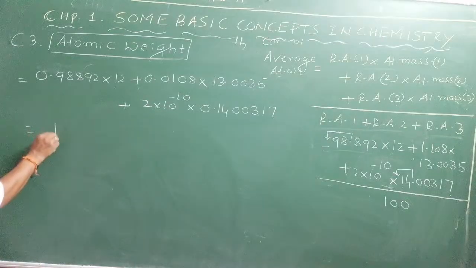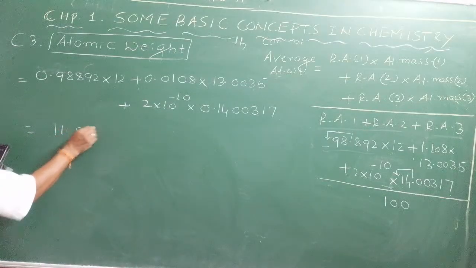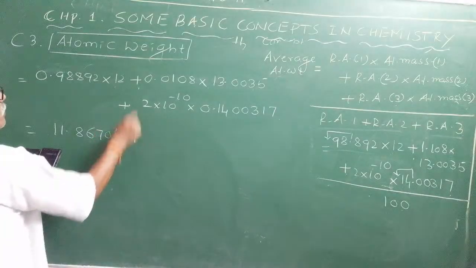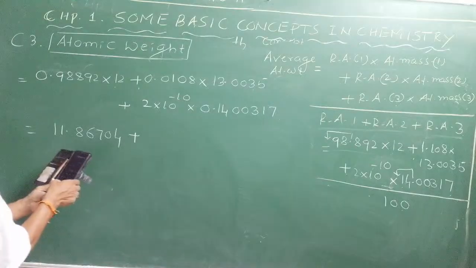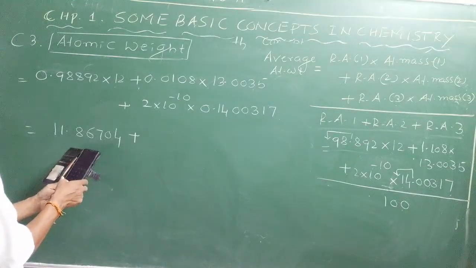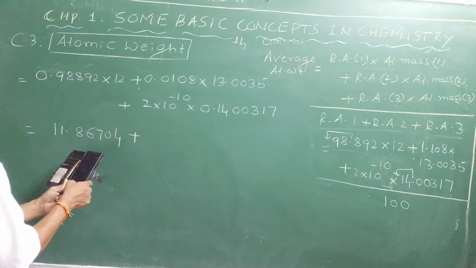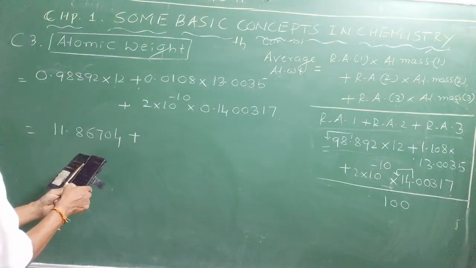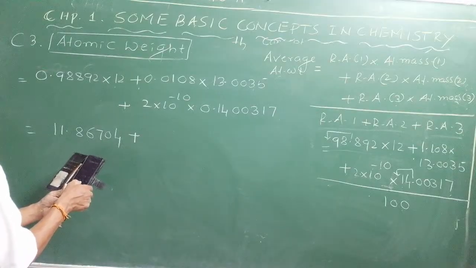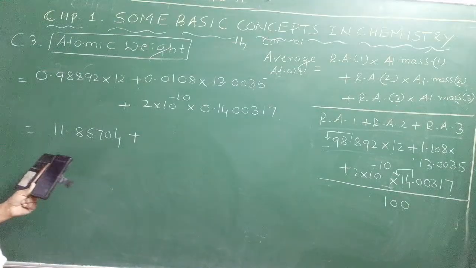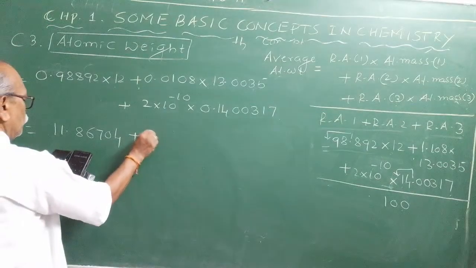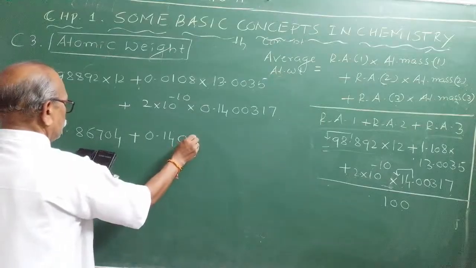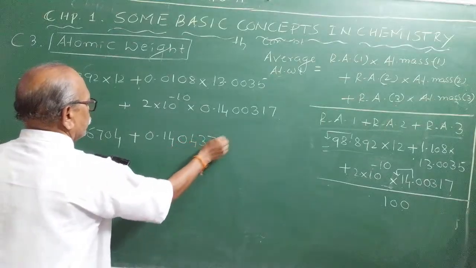You get 11.86704, plus multiply these two. Plus 0.0108 into 13.0035. Your answer will be 0.14004378. Calculator. Okay, whatever value the calculator is giving, I am writing now.